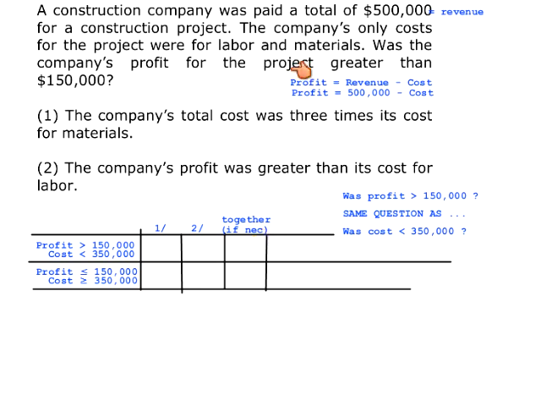And cost breaks down to labor plus materials. So the cost is 3 times the cost for materials. Remember, cost is labor plus materials, so labor plus materials is 3 times materials.